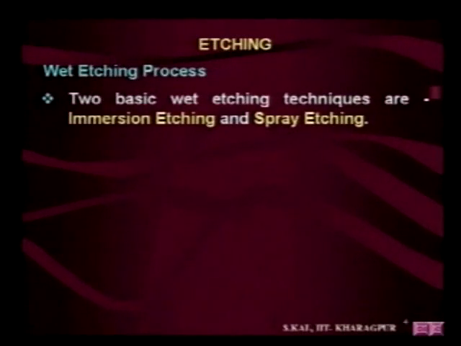That is the main emphasis of that particular point. Now, there are two basic wet etching techniques, namely immersion etching and spray etching. We are now discussing only the wet etching process.